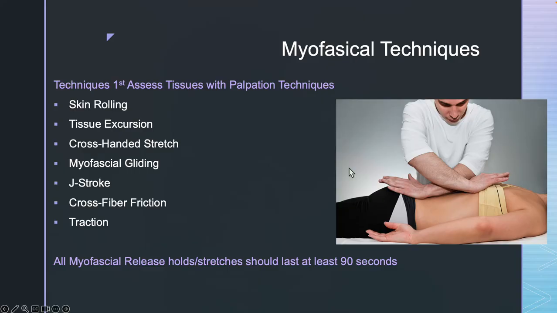Myofascial release techniques. So, techniques: first assess tissues and palpation techniques. I remember what I was going to say now. A lot of myofascial release, you want there to not be a whole lot of glide. So it is easier with little to no lotion to do the superficial myofascial release.